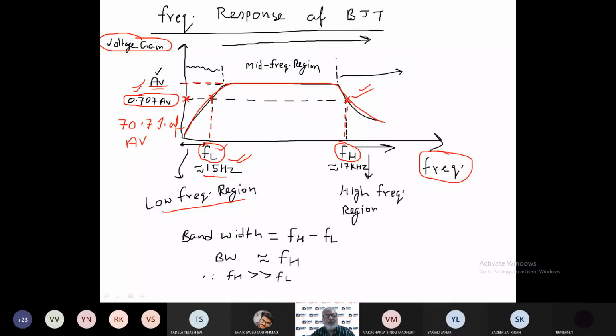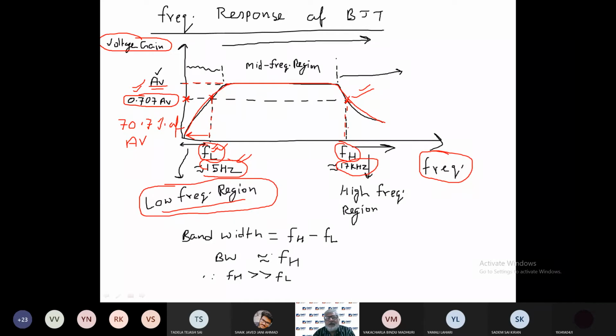Right. So these frequencies are denoted as FL and FH. Generally, the value of FL is 15 hertz and FH is in the range of kilohertz. And this curve, which is on the left hand side of FL, is called low frequency region curve.